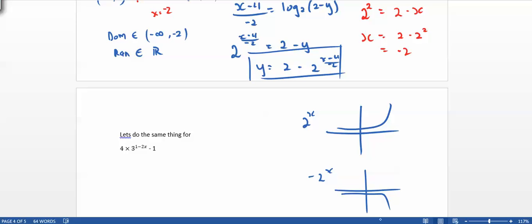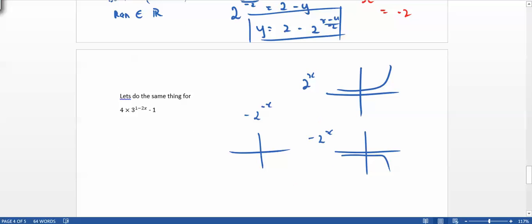And I've actually got a 2 minus x graph, so what's that going to look like? I've got minus 2 to the power of minus x. Well, we've got to reflect this graph in the x-axis, so it's going to look something like this.